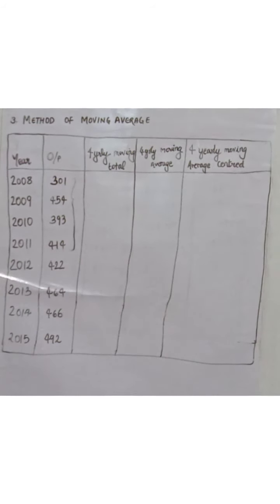But one thing, 4 is an even number. So where to write? When it is 3, an odd number, we write the total at its middle term. Here, since 4 is an even number, we would place it somewhere between the second and third, but we cannot place it like that, right?